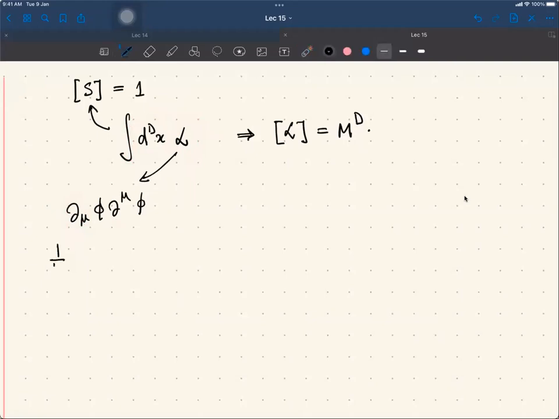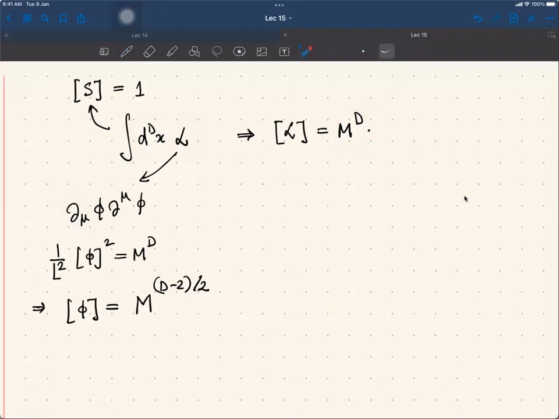So 1 over L squared times dimension of phi squared must be m to the power d. That's a term in the Lagrangian, and the Lagrangian is m to the power d, and this implies the dimension of phi is equal to m to the power d minus 2 by 2.